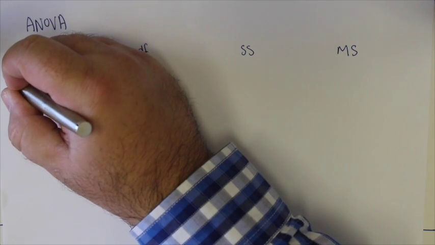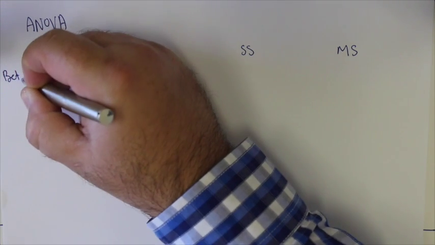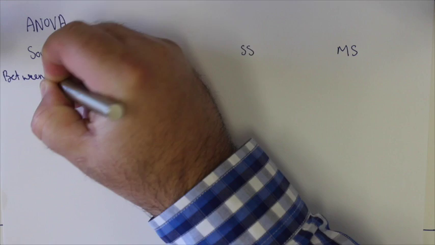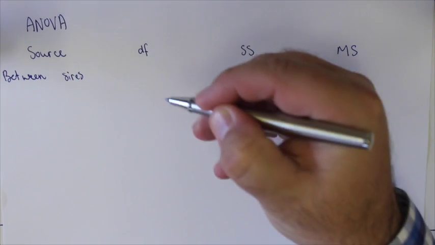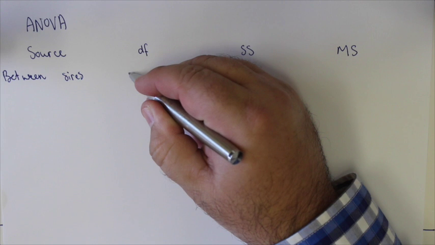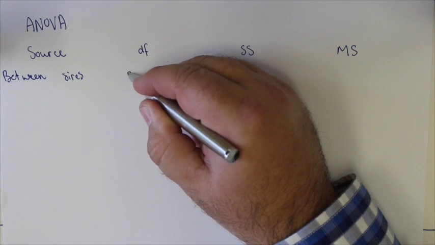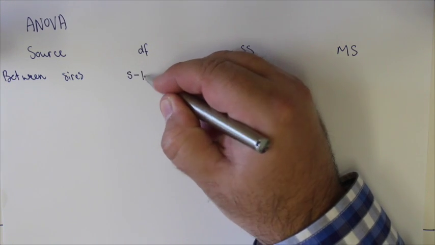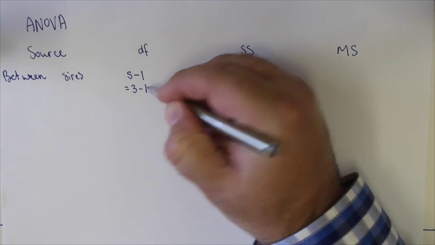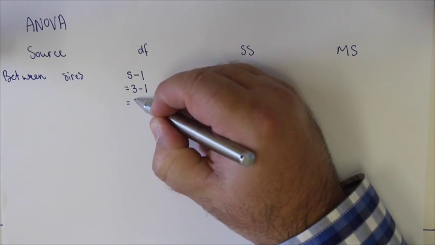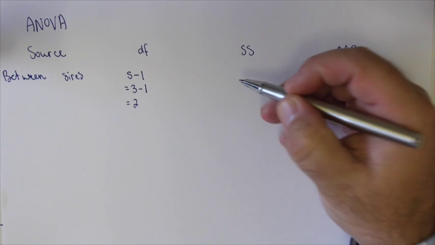So the first factor that we're going to have a look at is between sires. We had 3 sires in our group, so it's S minus 1, and that is 3 minus 1 equals 2.